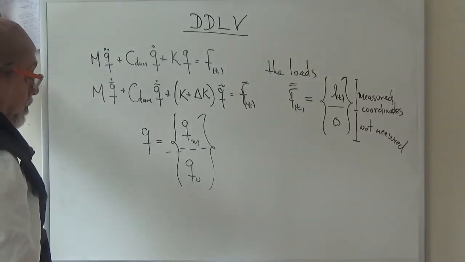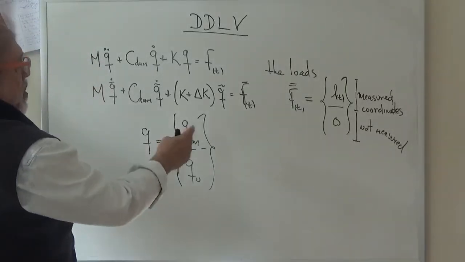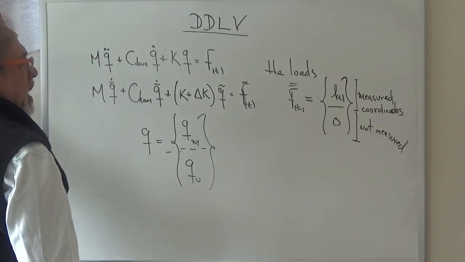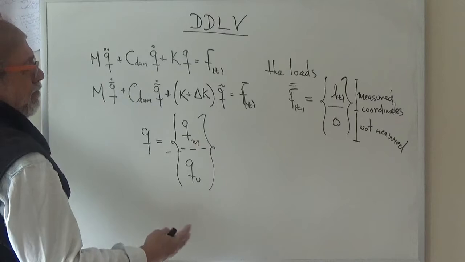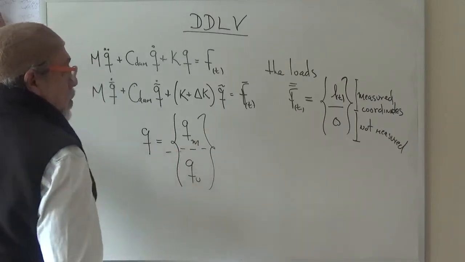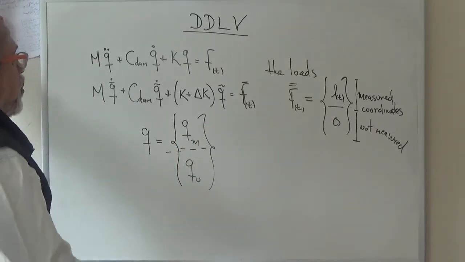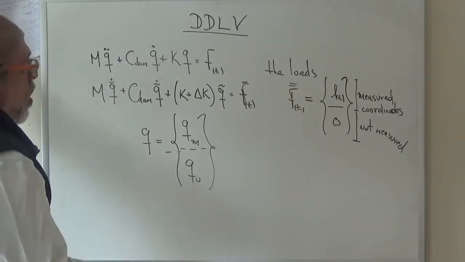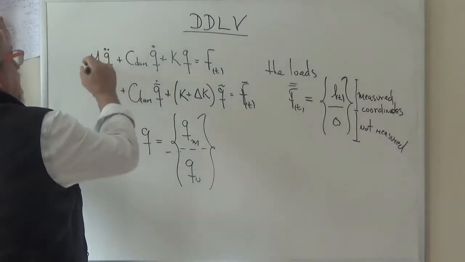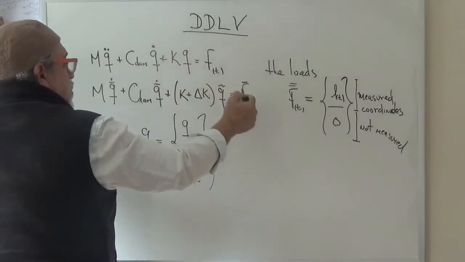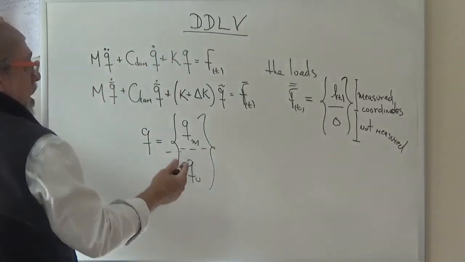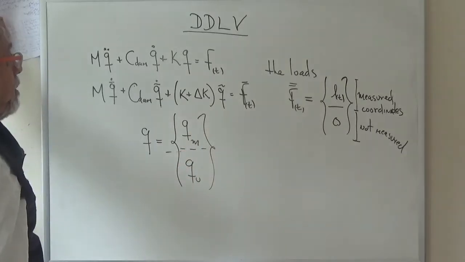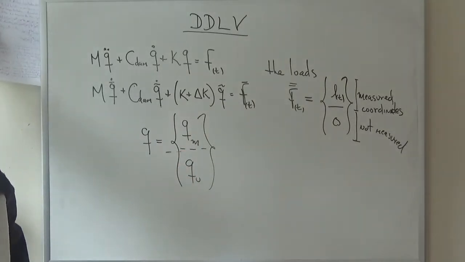In reality, I don't really need to reorganize when actually applying the technique, and it will be obvious when we look at the equations. But for the derivation, just imagine that my mass, damping, and stiffness matrices are organized so that q is q measured and q unmeasured. So that's it.